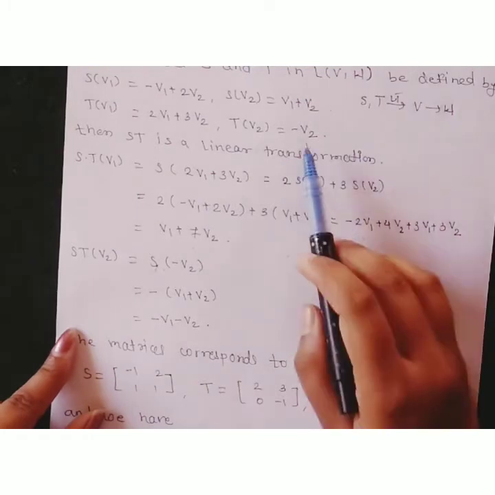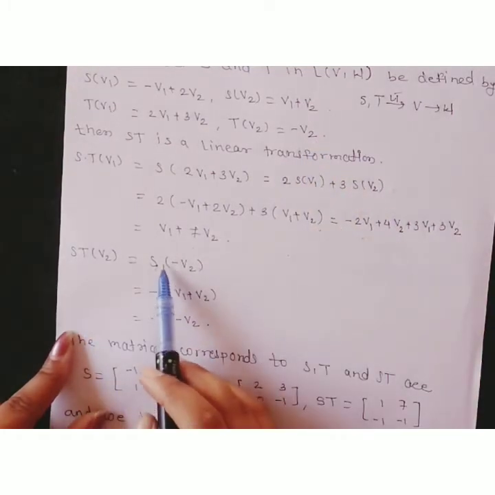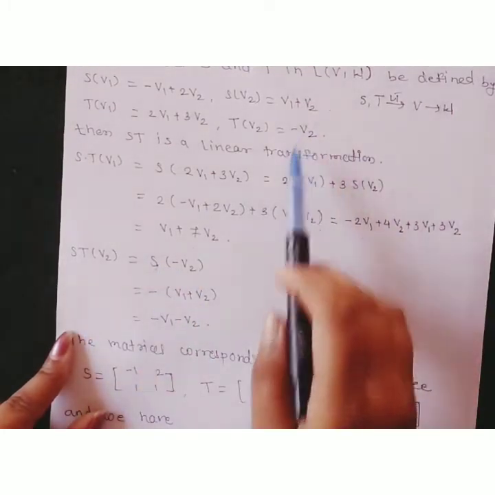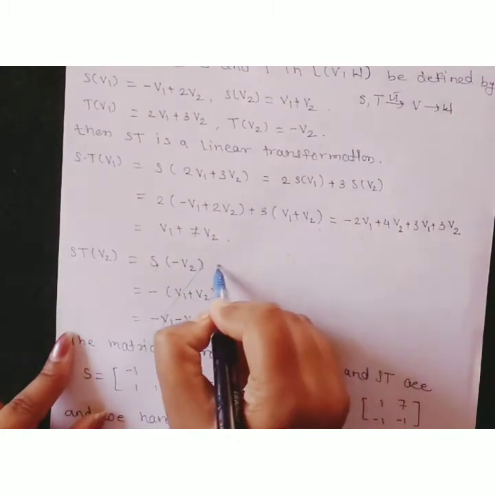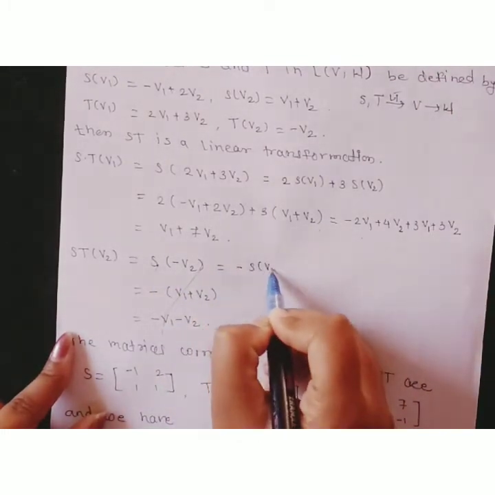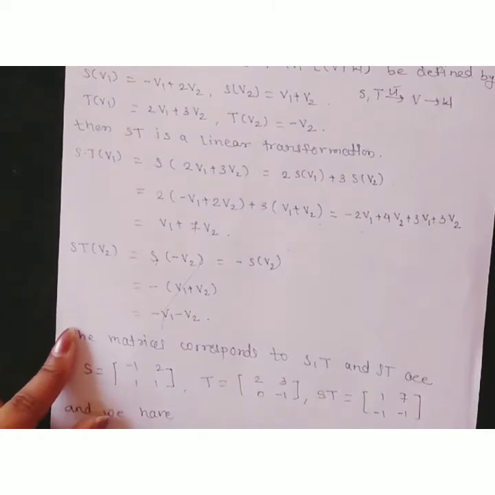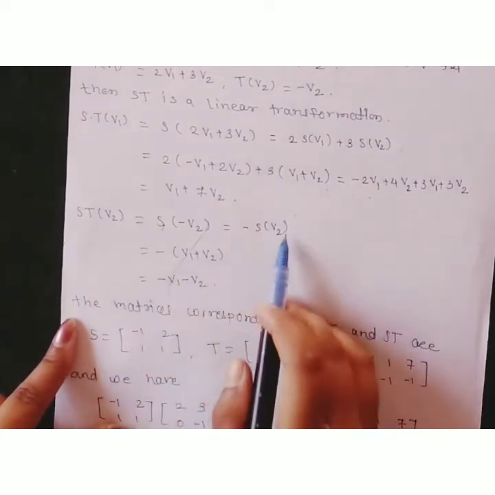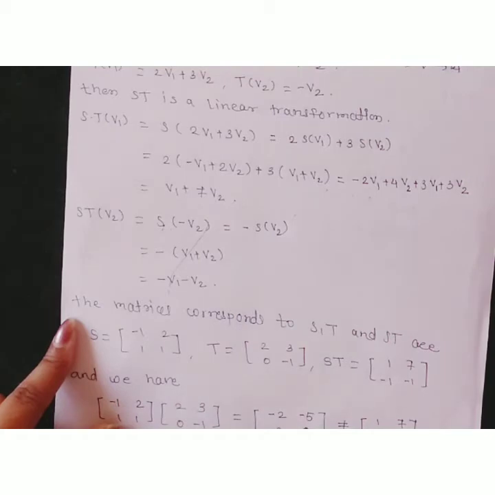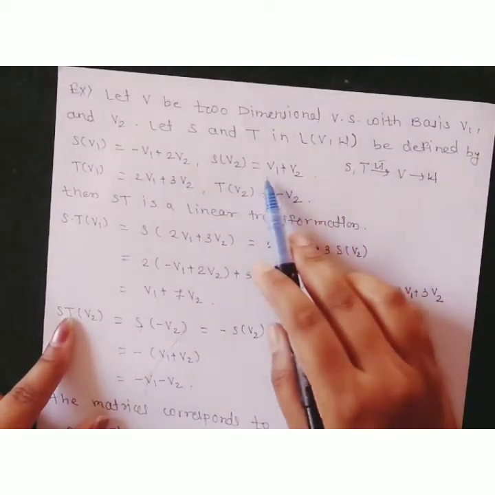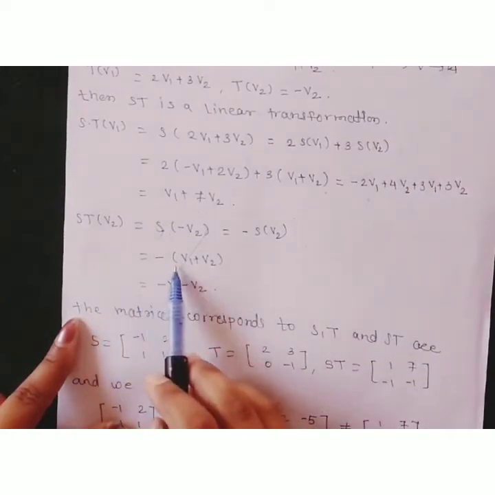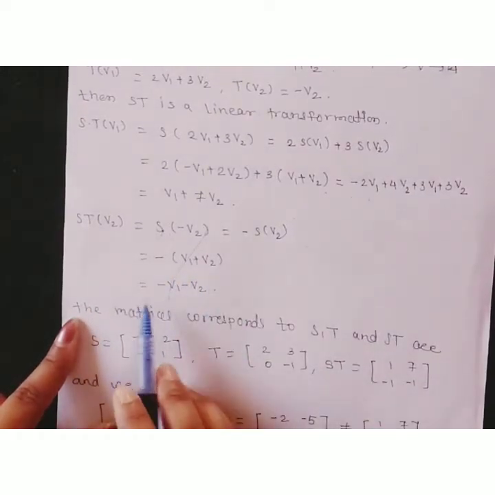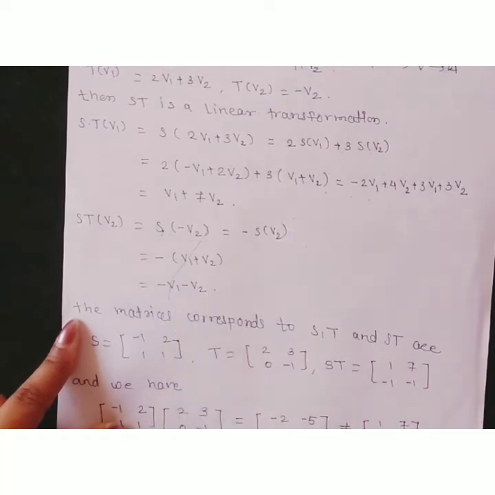T of v2 is minus v2, so S of minus v2 is equal to minus S of v2. S of v2 is v1 plus v2. Putting this value here, it is equal to minus of v1 plus v2, which is minus v1 minus v2.